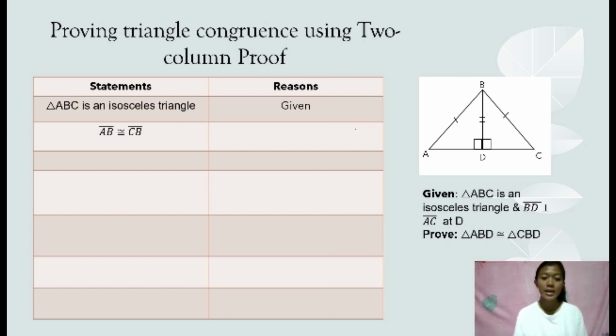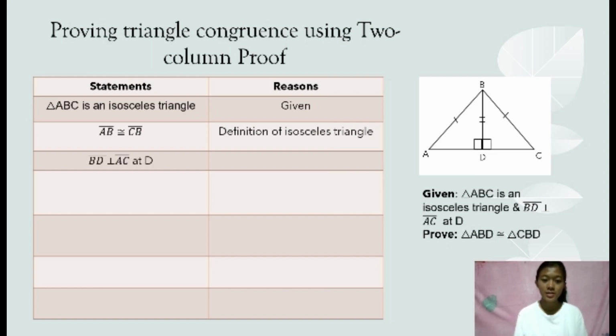This is based on the given, which is that triangle ABC is an isosceles triangle. If we have an isosceles triangle, two sides of the triangle are congruent. That's why we have this statement. Since it is isosceles, the reason is the definition of isosceles triangle.